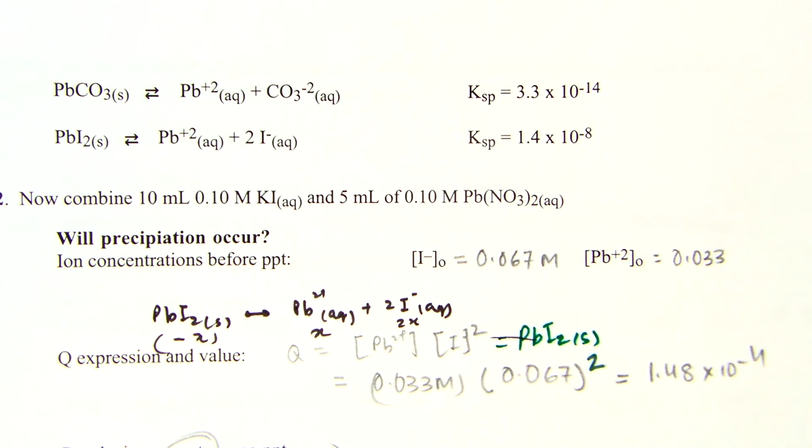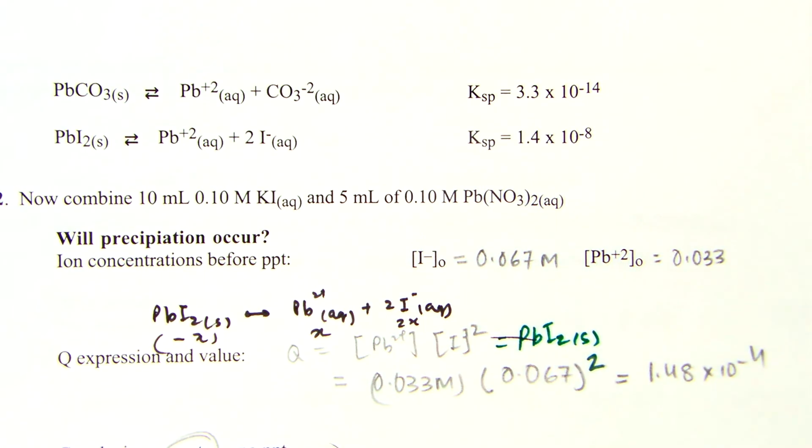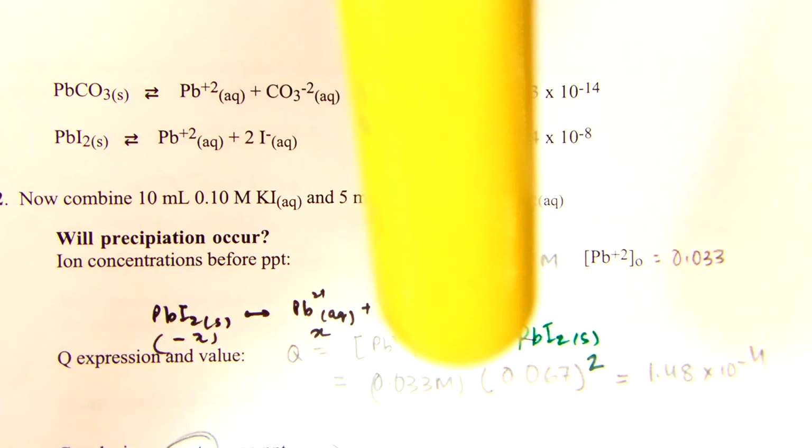Okay, this is 10 mLs of KI and 5 mLs of lead nitrate. Okay, I'm going to mix the two. Whoa, and you see a bright yellow lead iodide precipitate forms. Okay, so your prediction was right here.